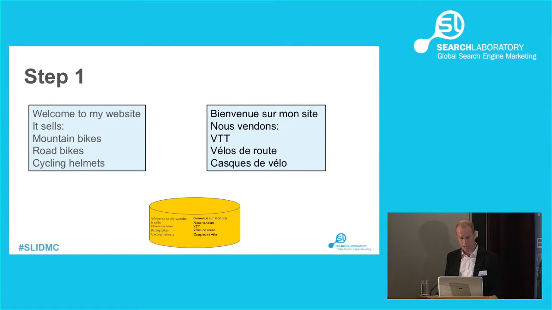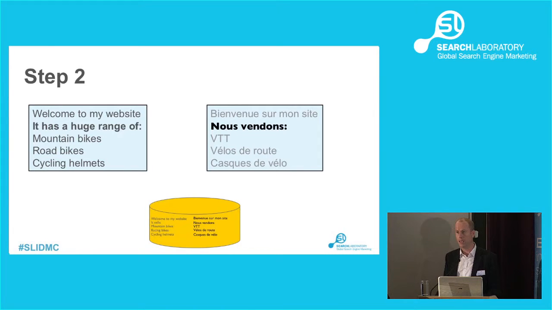And then what invariably happens is you change your page. So instead of saying "it sells," we found that actually it converts better if we say "it has a huge range of." Okay, but the French still says "it sells." So what happens is that is run against the memory. We send the file off the left-hand side.